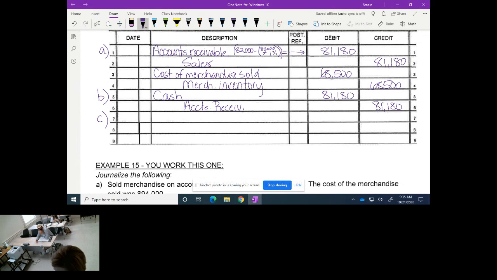So they're gonna debit customer refunds payable. This is a new one. And credit accounts receivable. They're giving them a credit on their account. If they were paying them cash, it would say that they're going to refund them in cash. If it doesn't, ask me so I can tell you.